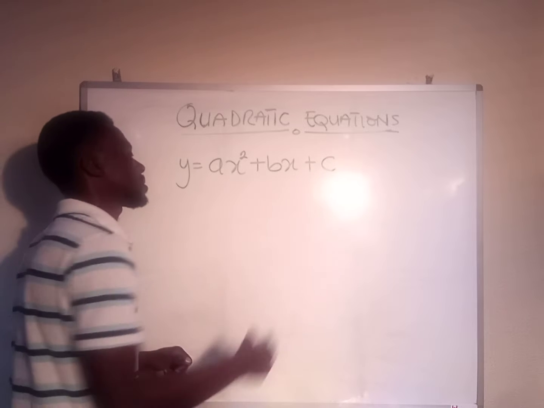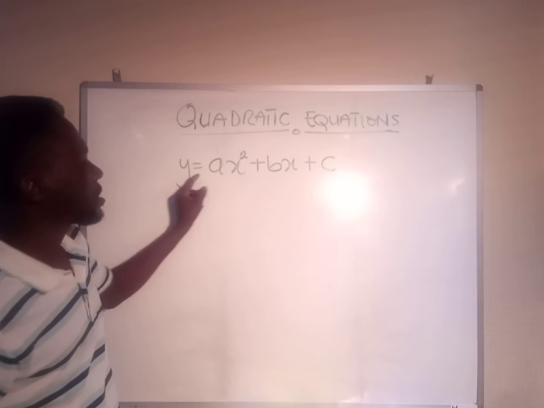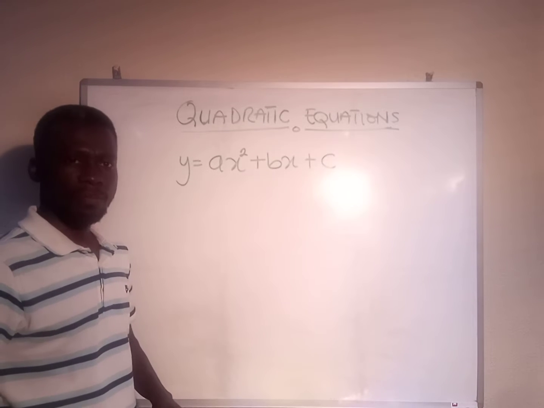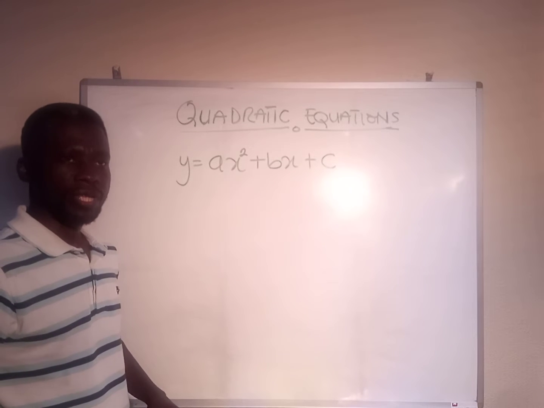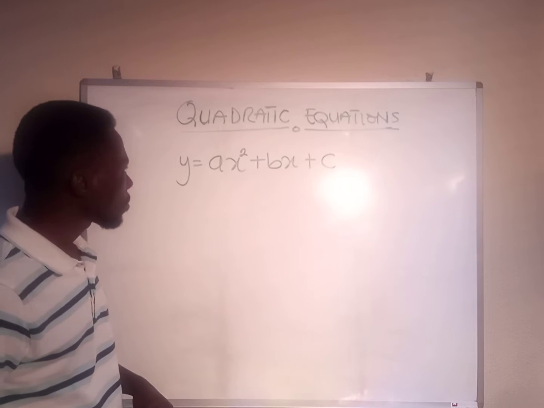This is a quadratic equation. So any equation in the form ax squared plus bx plus c is called a quadratic equation.